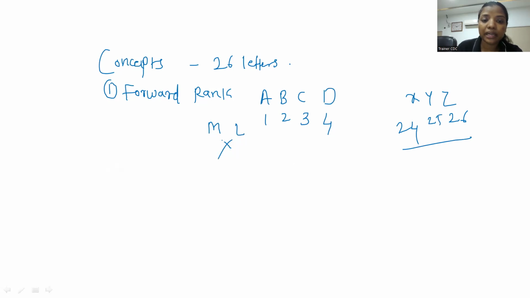We will not be able to get rank quickly, but we don't have that much time to count the letters from A to M. We cannot count the letter from A to L. It will take a lot of time. So I will tell you some reasons to remember the letters. So if you will remember the things which I'm going to tell you, that will make easier.